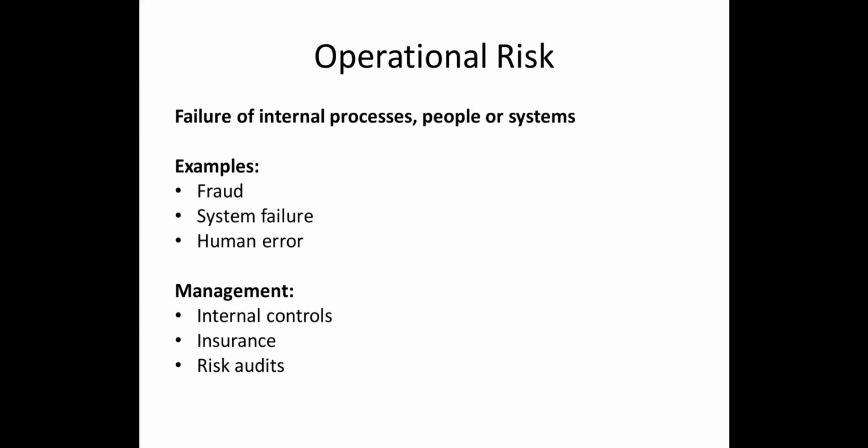Operational risk: failure of internal processes, people, or systems. For example, frauds. Our employees or unsatisfied employees steal a few amounts, a few materials, and sell to an external entity. What will happen? We will get a loss. Our company will be in loss. So this type of fraud is because of disgruntled or unsatisfied employees.